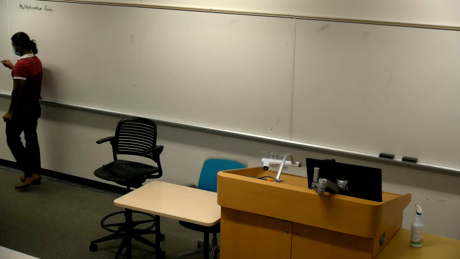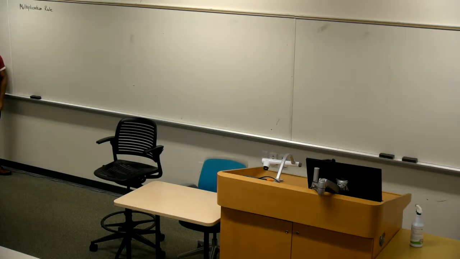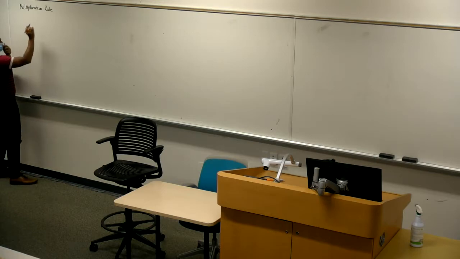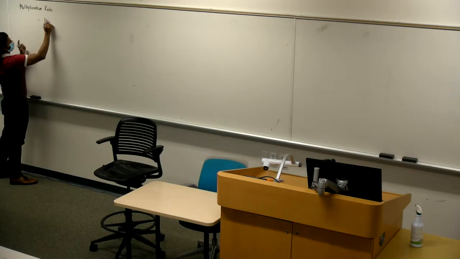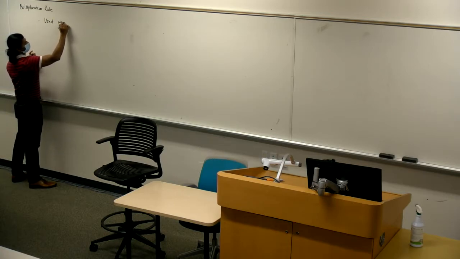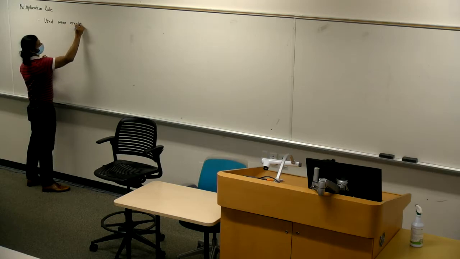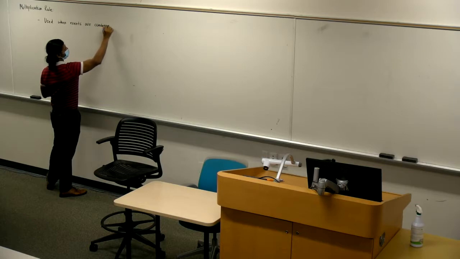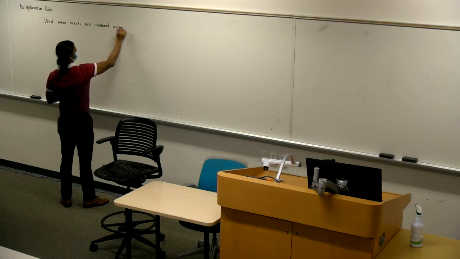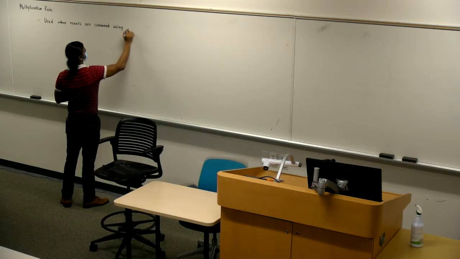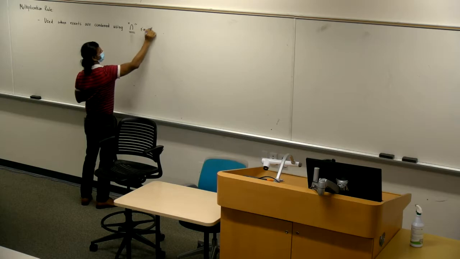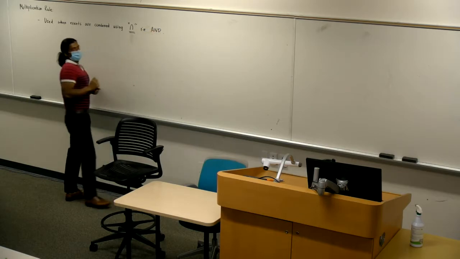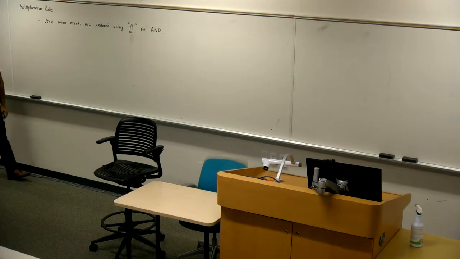When we had union, we used the addition rule. The multiplication rule is used when we have intersection. In other words, the conjunction that you see is and, a logical and, or the intersection.